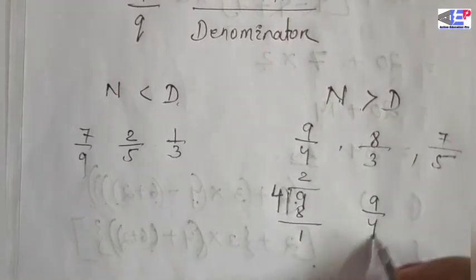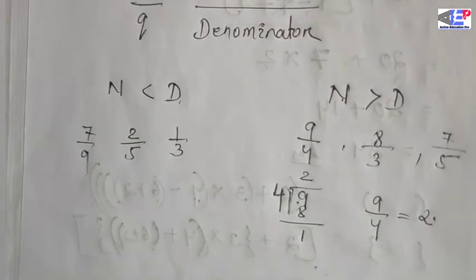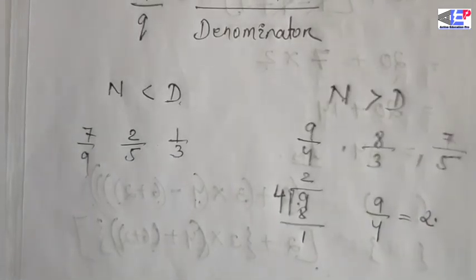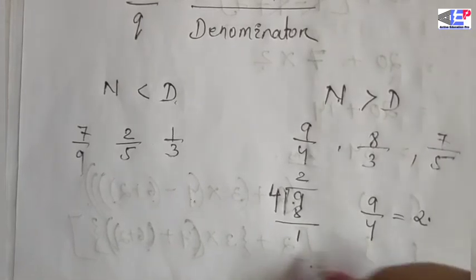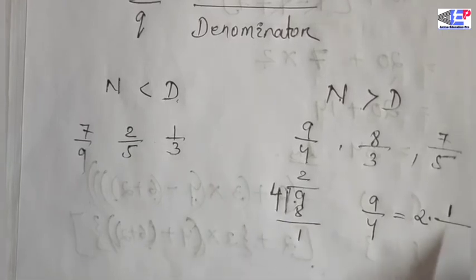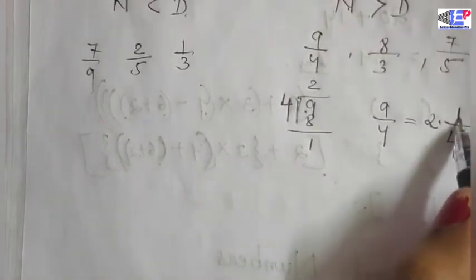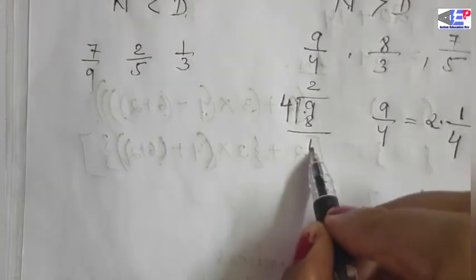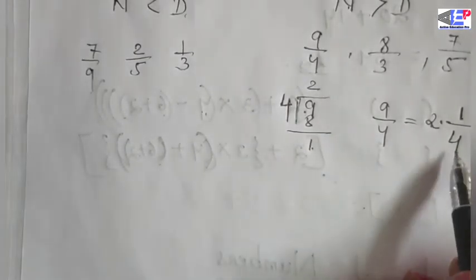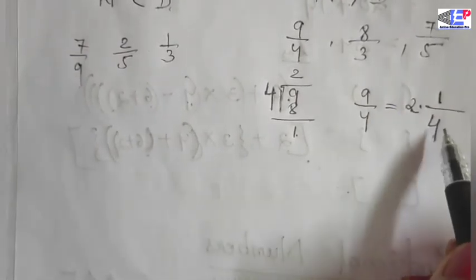So 9 by 4 is equal to, put the quotient as the whole number and write the remainder as its numerator and divisor as its denominator. 2 is the whole number, 1 is the numerator, means remainder, and 4 is the divisor, the denominator. This is the mixed fraction.